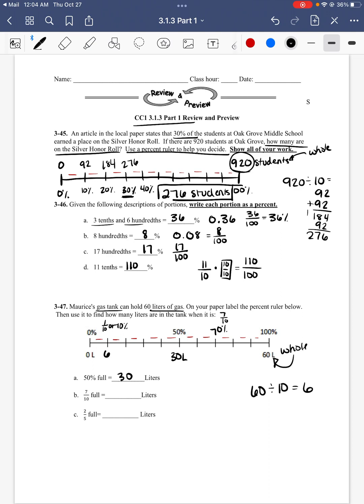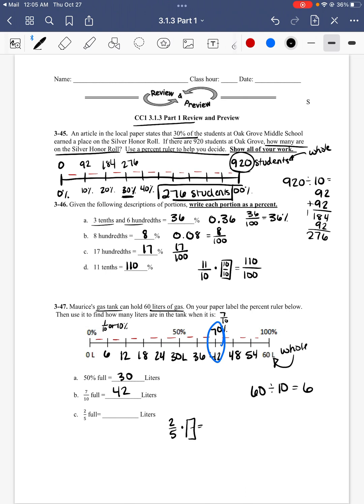So each 10% is worth 6. So I can count by 6 on this number line. So 6, 12, 18, 24, 30, 36, 42, 48, 54. 70%, if I look here, is 42 liters.